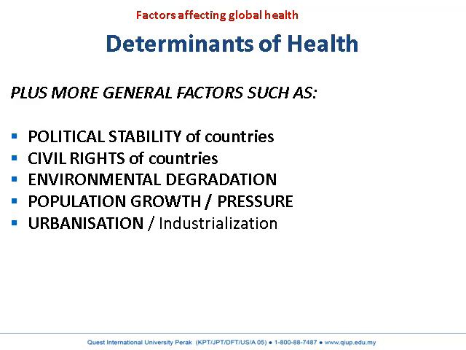Some more factors coming under determinants of health that can affect global health. Political stability of countries. As all of us know, if a country is having so much war and political instability, that can affect the health system of the country and the health services can get affected.